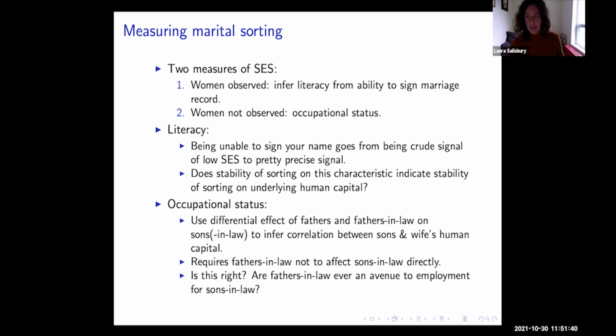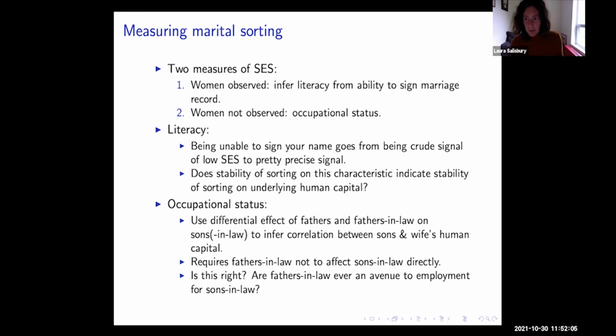With respect to literacy, and this is a point that Matthew is pretty clear about in the paper, being unable to sign your name on your marriage certificate goes from being a relatively crude signal of SES to being a pretty precise signal, because over the course of the period, the literacy rate goes up a lot.